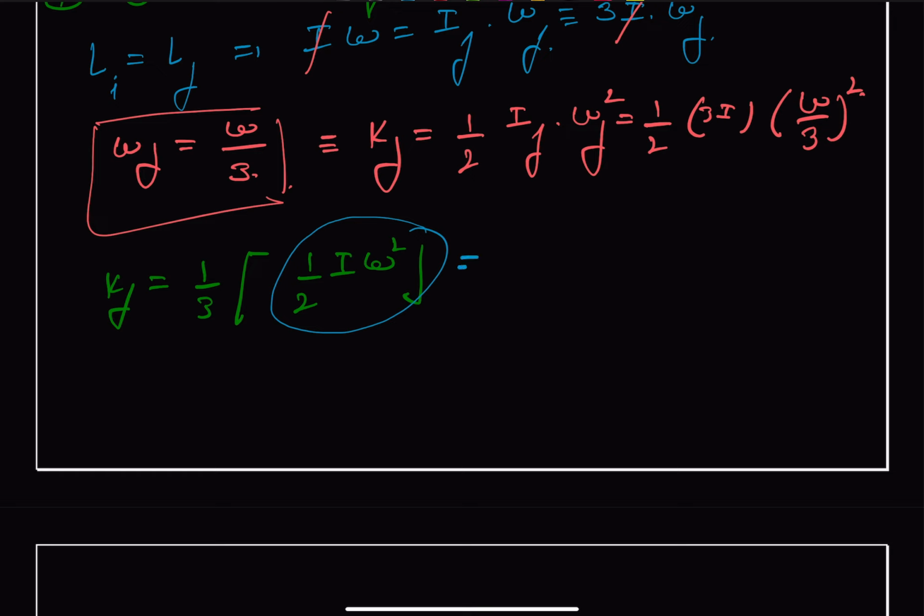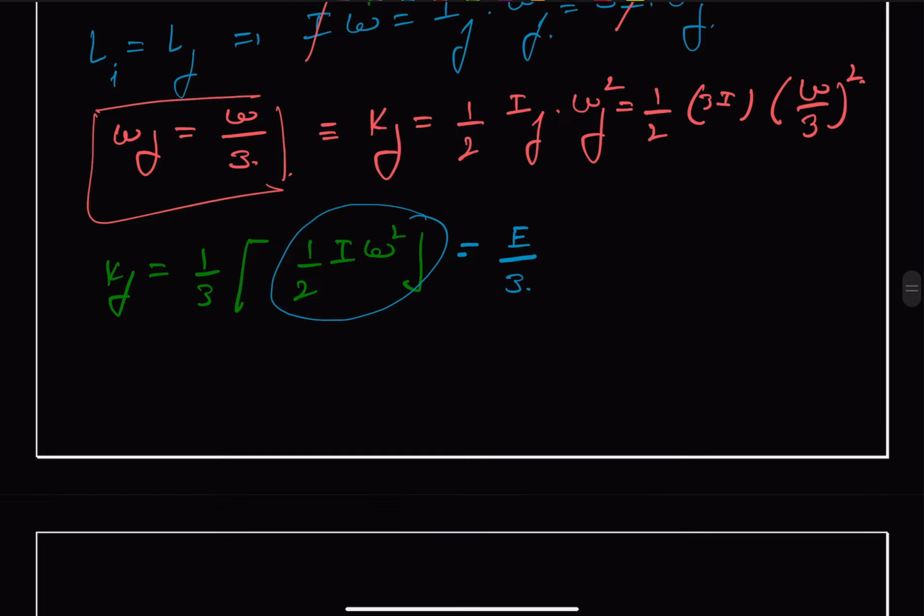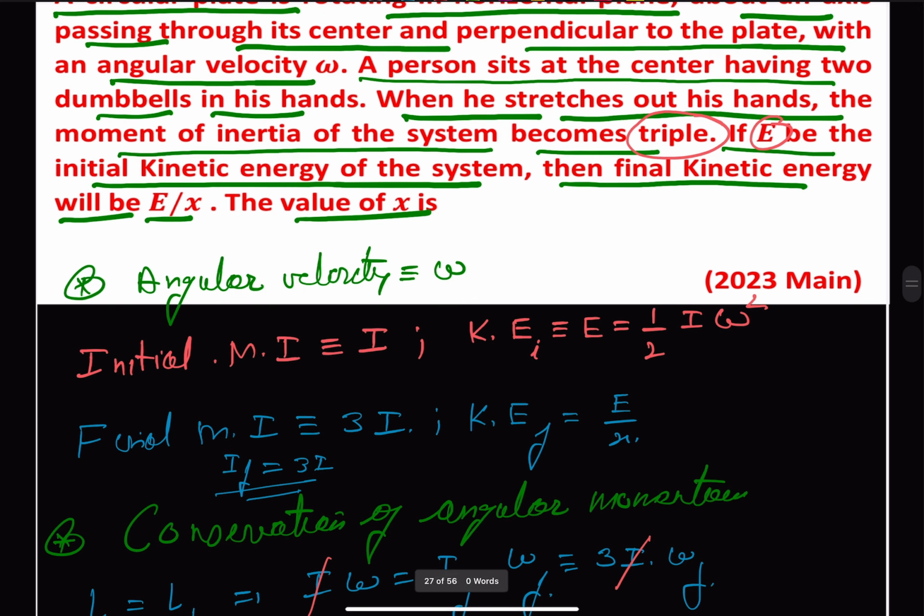So this is E upon 3, and we are given that the final energy is E upon x, giving us that the value of x is equal to 3. So the value of x is 3.